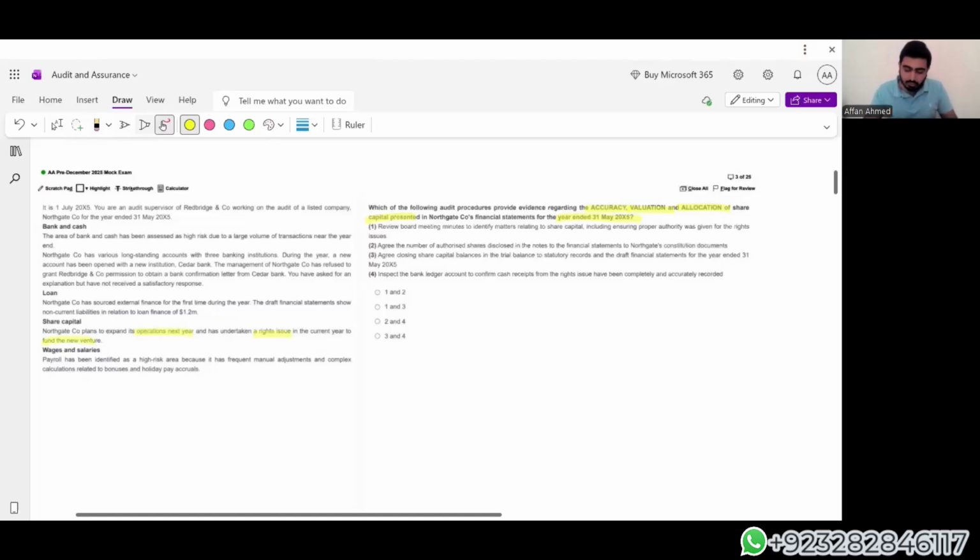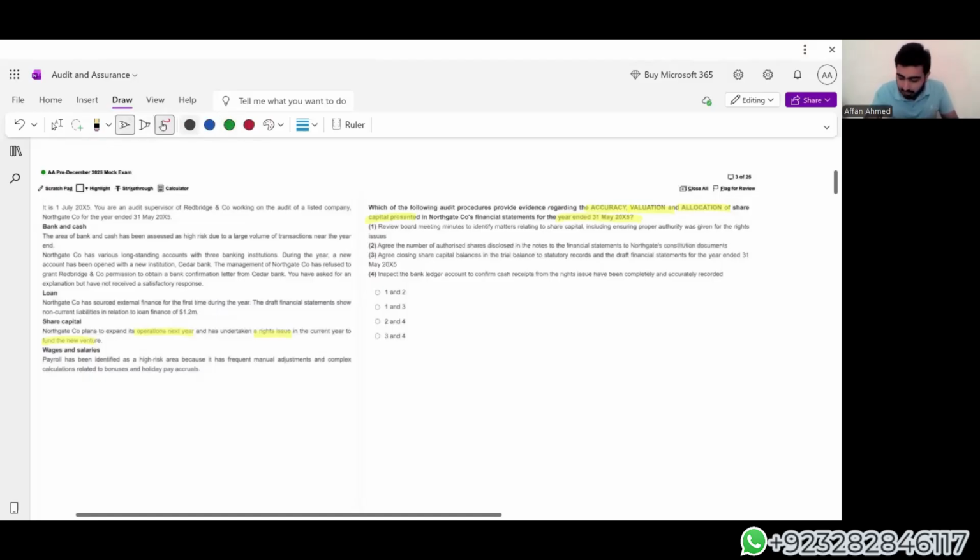Review the board minutes to identify matters relating to the share capital, including ensuring proper authority was given for the rights to be issued. Tell me one thing, am I asking for the permission, or am I asking for the value of the shares that were issued, the accuracy of recording, and their allocation separately in share premium and share capital? What is the entry?